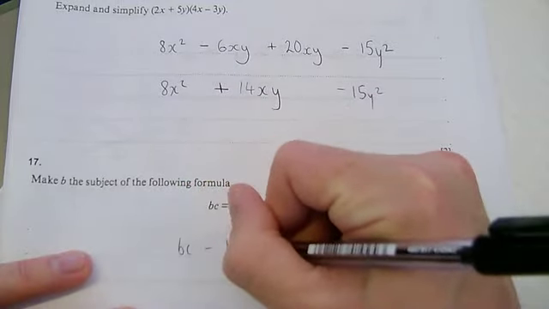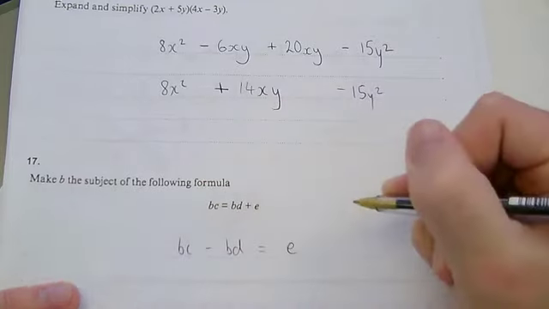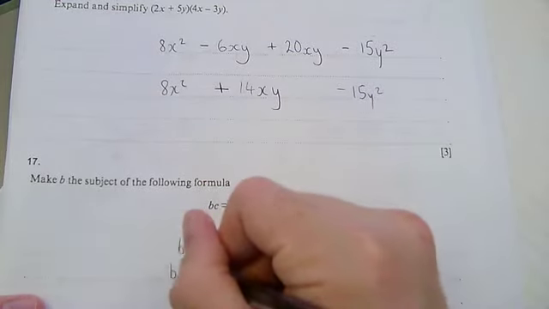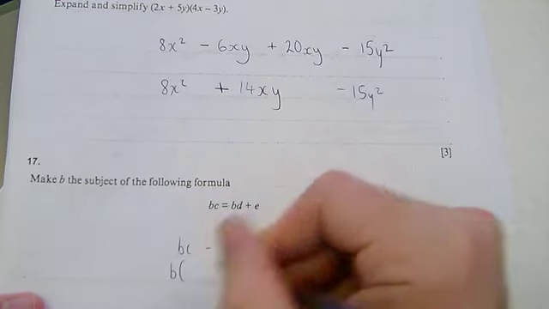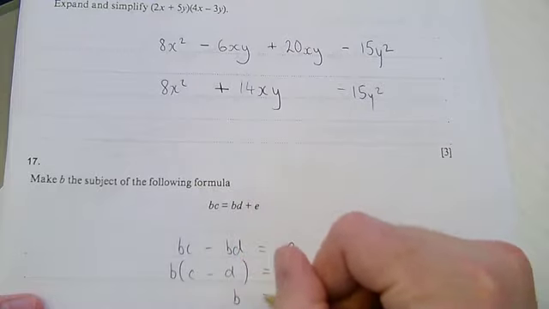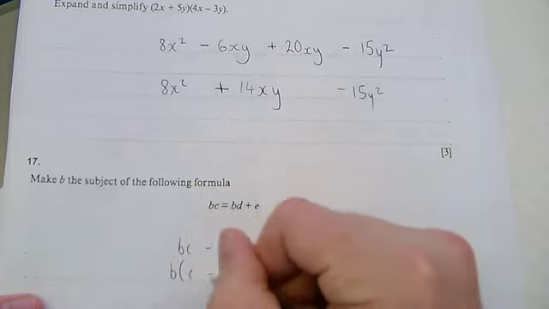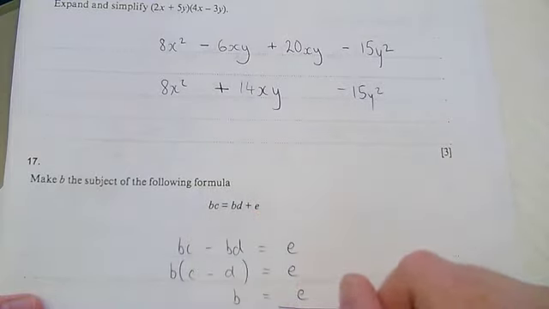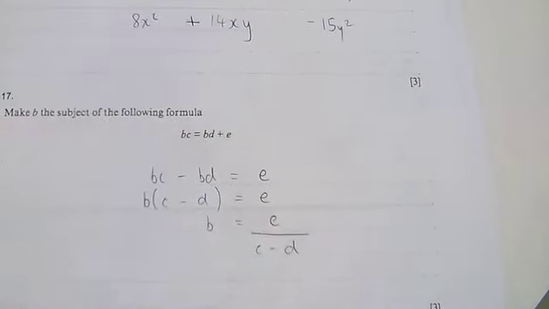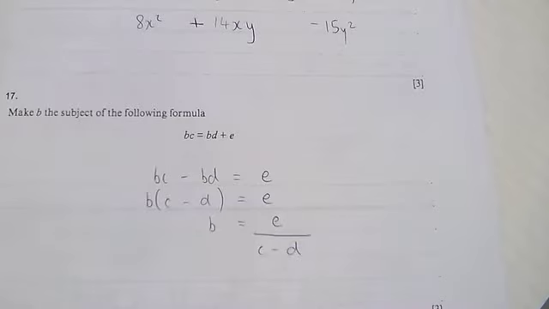So you get BC minus BD equals E. Then, because B is in both bits, I take it out as a factor and get C minus D is equal to E. And then finally, I'm going to get B is equal to, and then because that's timesing, I take over, it divides. Do I still need the bottom bit in a bracket? No. If you want to put it in though, it's not wrong. It's whatever you're comfortable with, okay?